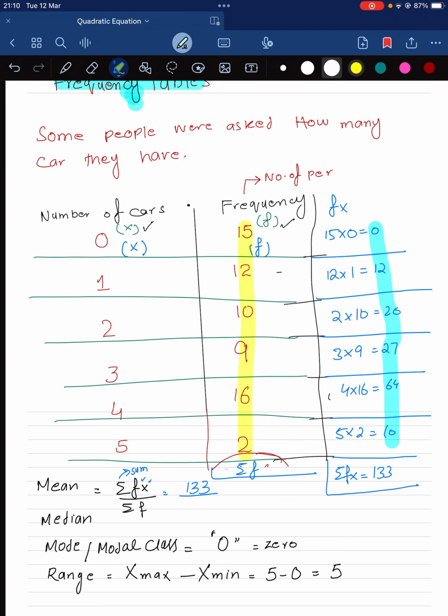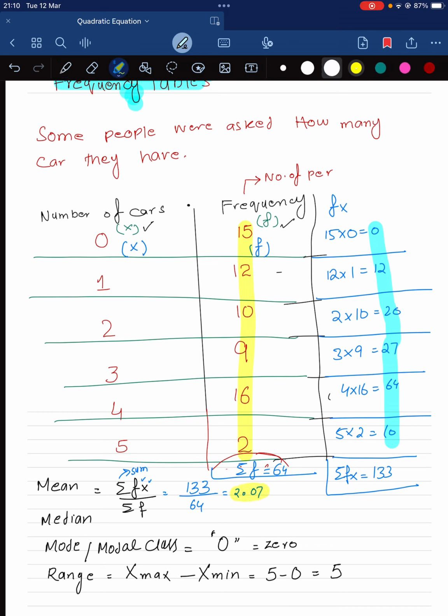If we add 15 plus 12 plus 10 plus 9 plus 16 plus 2, it gives us 64. So now we have the values of sigma fx and sigma f. Now we just divide them, 133 over 64, so it's 2.07. This is our mean, right?